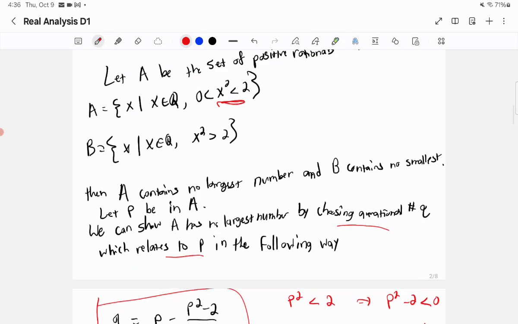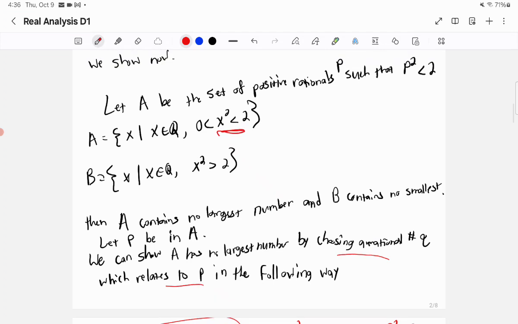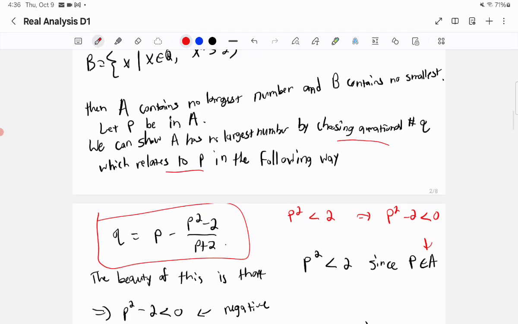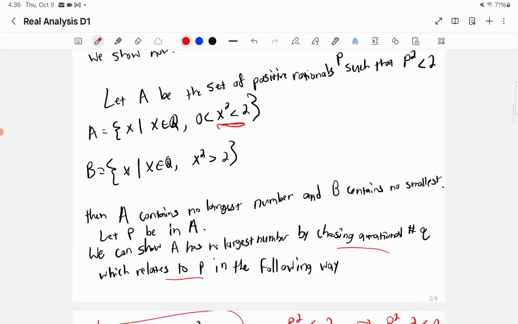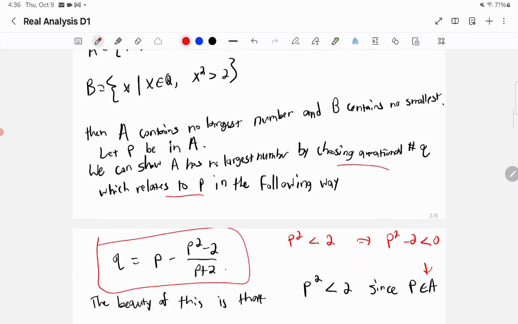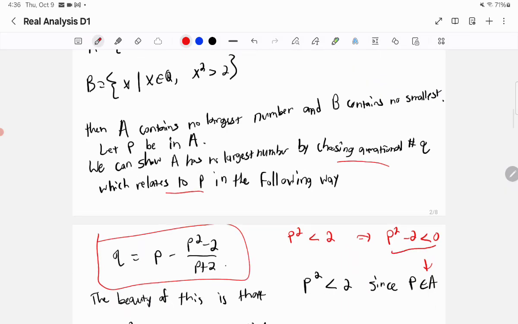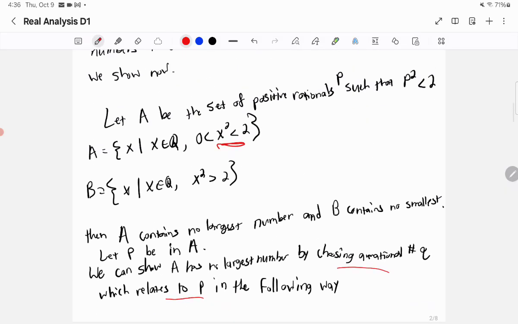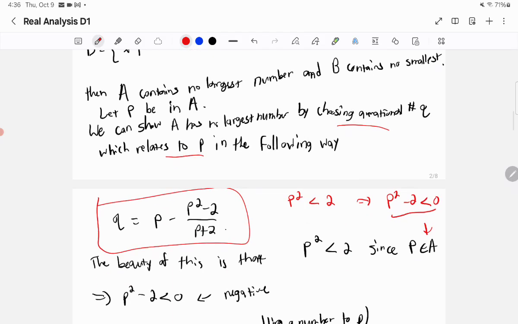So this is the beauty of these two sets. If p is a rational number in A, then this has to be negative. If p is a rational number in B, then this p squared minus 2 has to be positive. We'll see why that's useful in a moment.